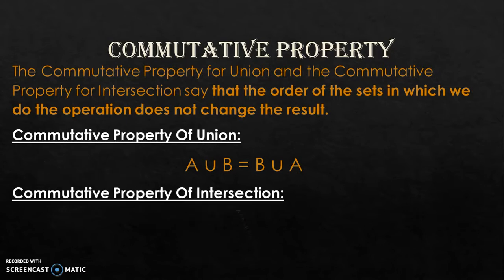A intersection B will give us same answer as that of B intersection A. So if we flip the set, it does not affect the answer. Okay, so these were the first two properties: commutative property of union, commutative property of intersection.